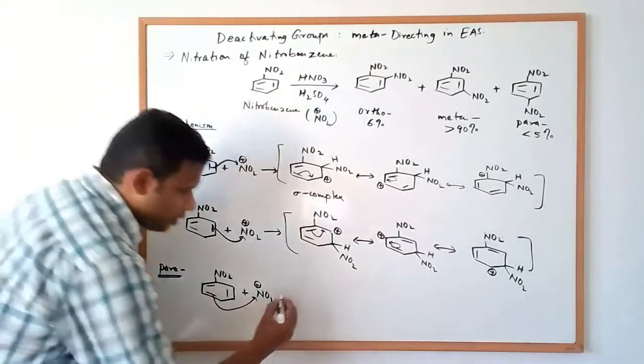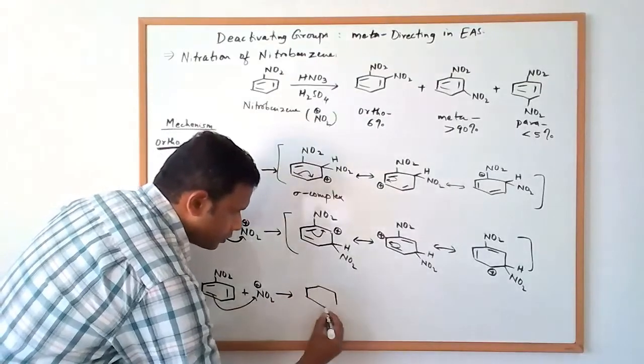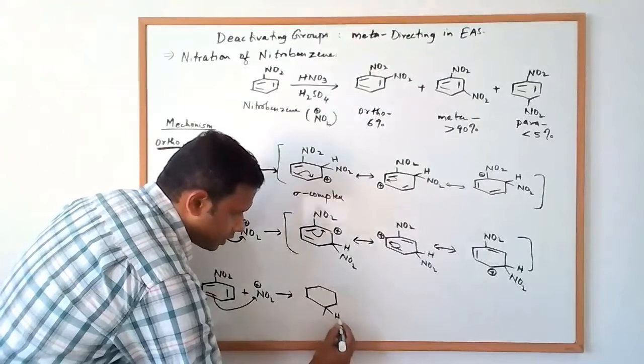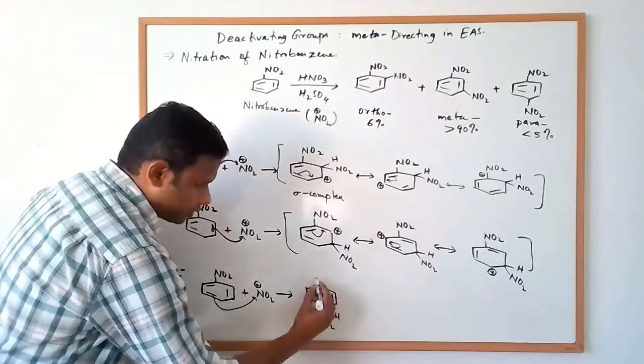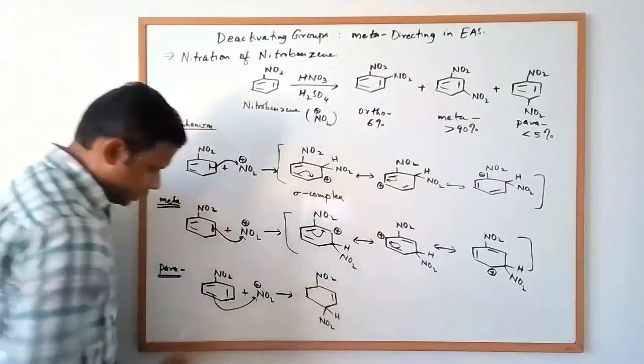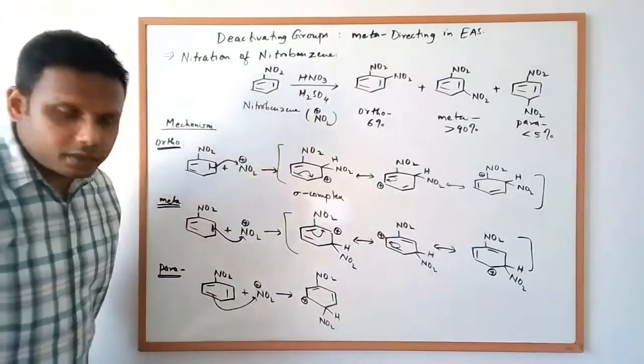So that bond can go and attack the nitro group. It's going to give us a sigma complex, H and NO2. We have double bond here, NO2 over here, double bond, and positive charge over here.